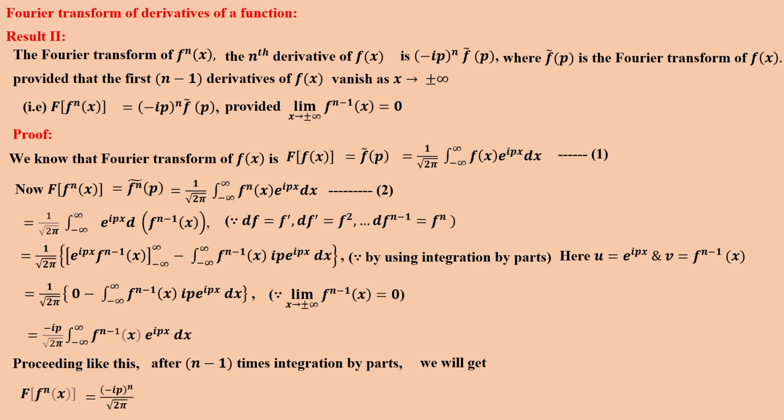Because the first time you are having minus ip, starting from the zeroth term, right? So after (n-1) times you are having (-ip)^n by root 2 pi integral minus infinity to plus infinity f of x e^(ipx) dx. So that is equal to (-ip)^n f bar of p, which is to be proved.